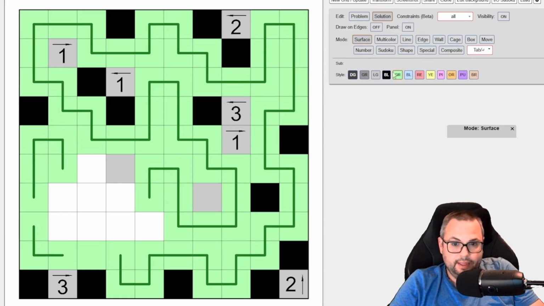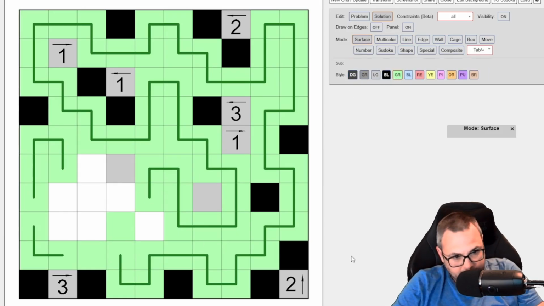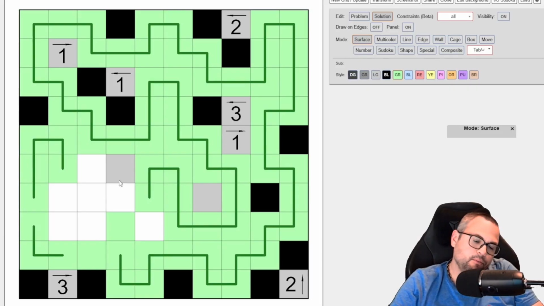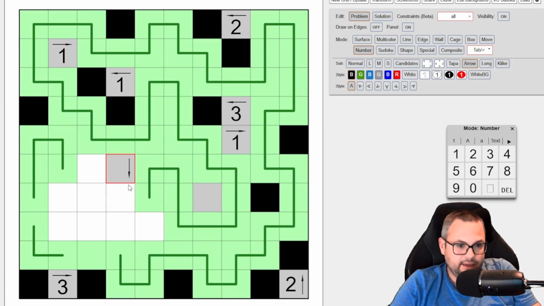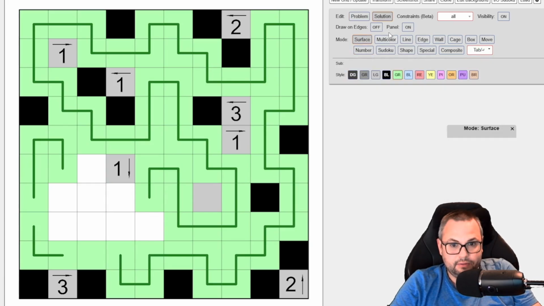Can do things like this cell can't be shaded. I guess, yeah, that makes a 1 down here interesting, because if this cell was shaded, we just create a dead end that we're not allowed to create. So it's very in theme to put a 1 down here and then use the fact that this cell can't be shaded, so that must mean this cell is shaded. Of course, that one is not.